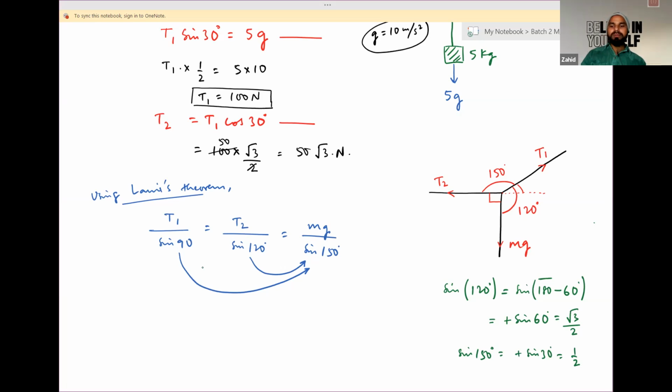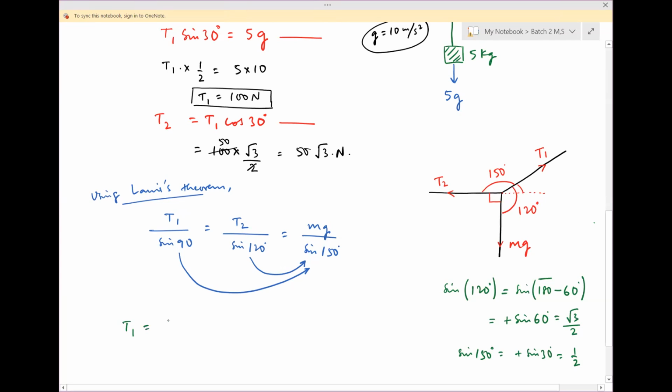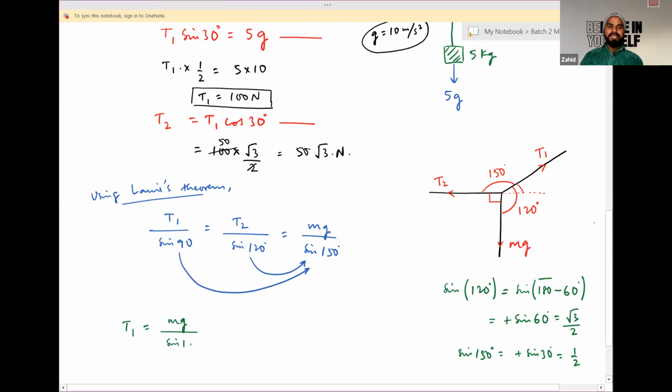So for this type of problem, we may use two different methods. First is the resolution or vector resolution method, which I have used above. And second is using Lami's theorem. So far, is it clear? Yes, sir. So you may write T1 equals mg times sine 90 degree divided by sine 150 degree, and T2 equals mg times sine 120 degree divided by sine 150 degree.